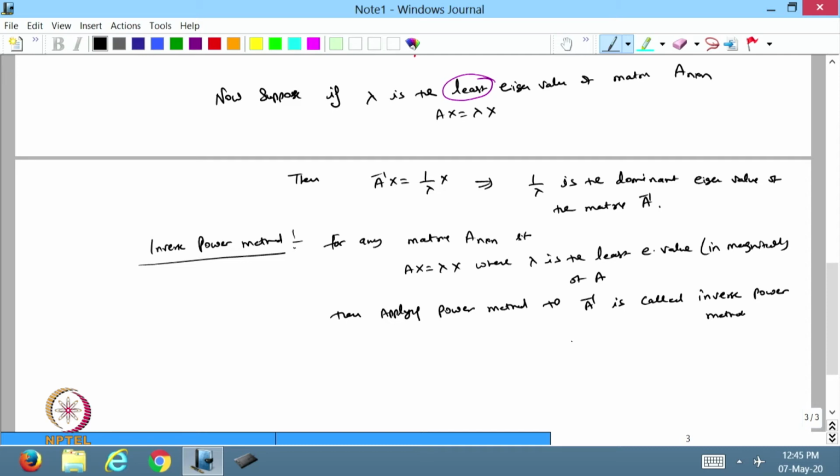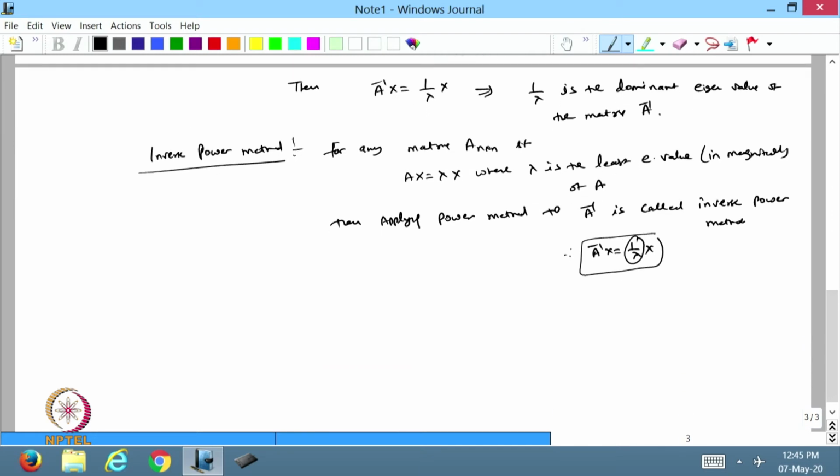Because we know that A inverse x will be 1 over lambda x, it will be the dominant eigenvalue, and I can apply the power method to A inverse to find this value. So, we are able to find 1 over lambda, then using this I can find lambda, that was the least eigenvalue.